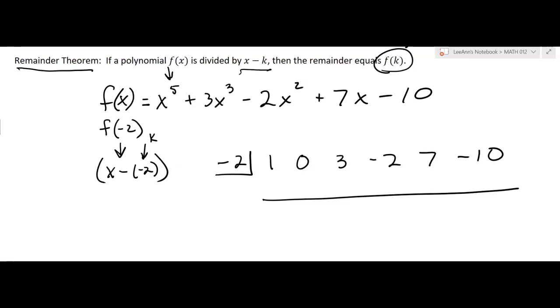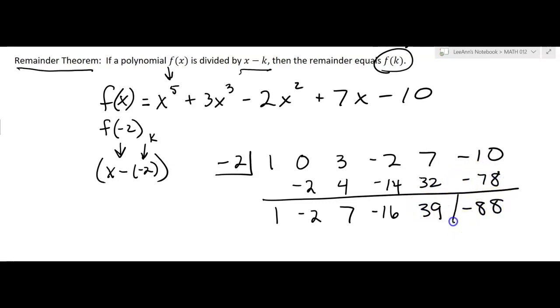Okay. So I started this problem. I'll go ahead and finish it. 1, -2, -2, 4, 7. Hopefully it won't get too crazy in the numbers. -14. So let's see. Yeah, -14. -16. So that's going to be 32, 39. What's negative? Let's see, -78. I think I'm getting -88.